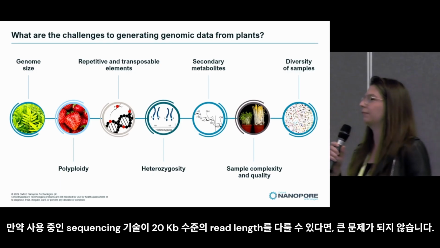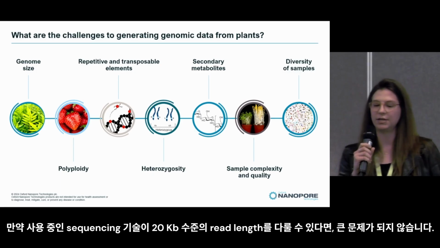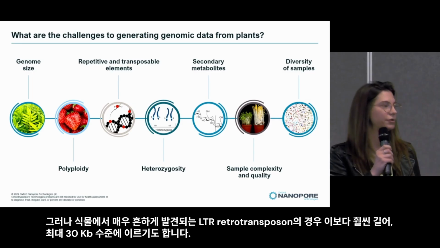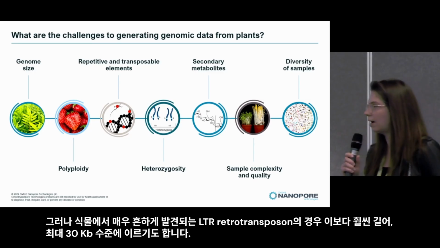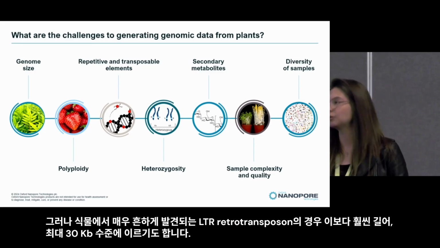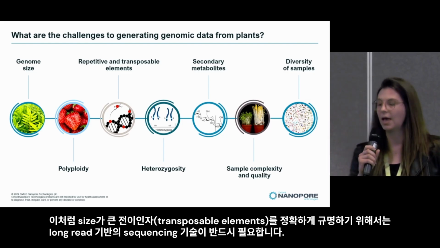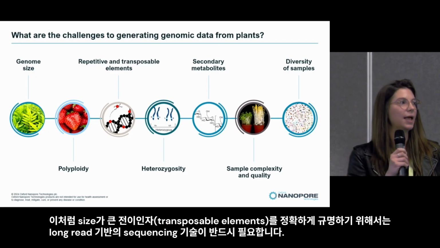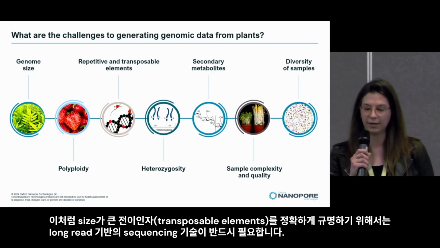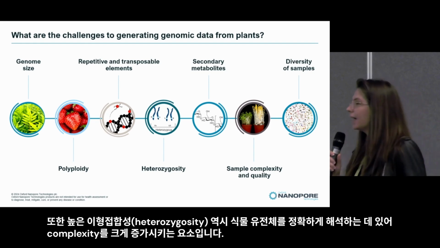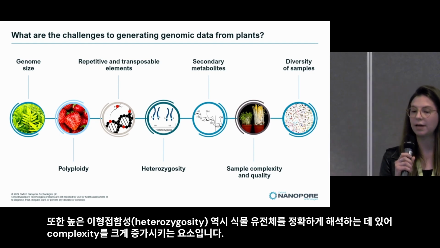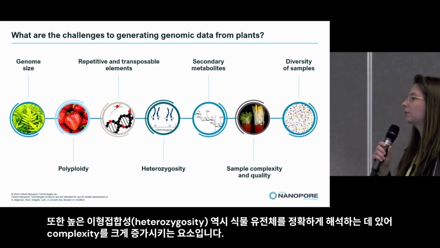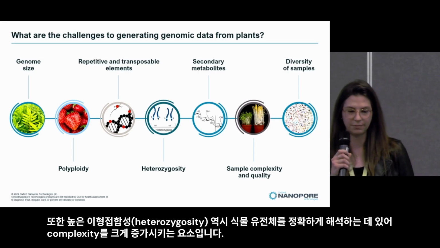This is fine if your sequencing technology can handle up to 20 kb. But there are things like LTR retrotransposons that are very common in plant species that can be much larger than this, so up to 30 kb. And in order to characterize TEs of that size, you really need a sequencing technology that can handle read lengths like that. High heterozygosity is likewise another one of these genome complexities that can cause challenges to resolving plant genomes.